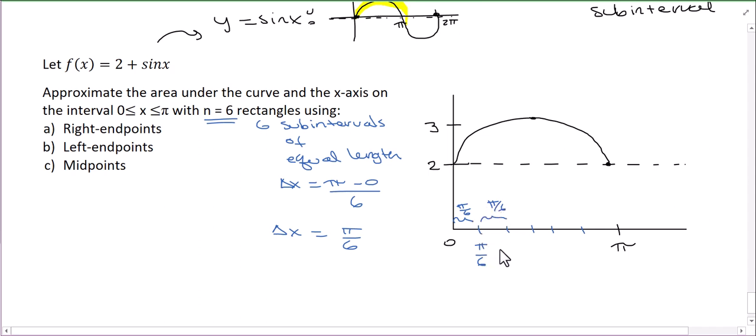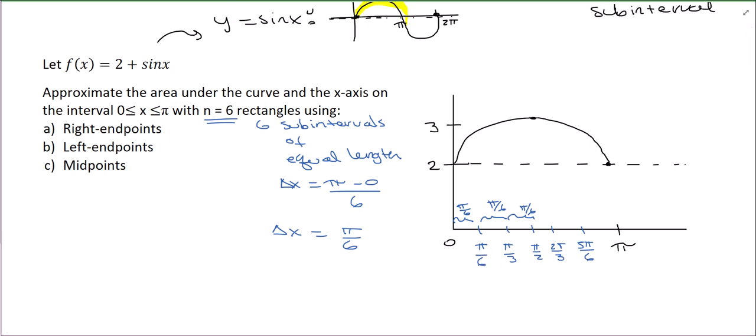So it'll be 2 pi over 6, which is really pi over 3. Then add another pi over 6, so that'll be 3 pi over 6, which is really pi over 2. And then 4 pi over 6, which is 2 pi over 3. And then 5 pi over 6, which does not reduce. And then 6 pi over 6, which is pi. And so this is our subinterval.